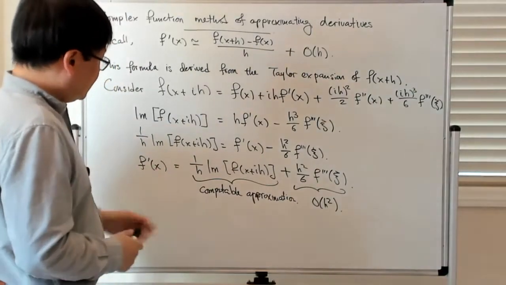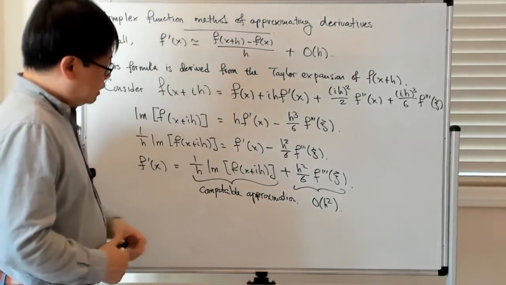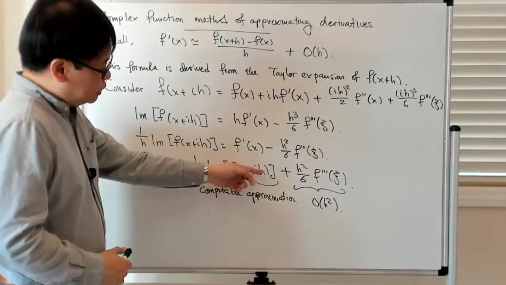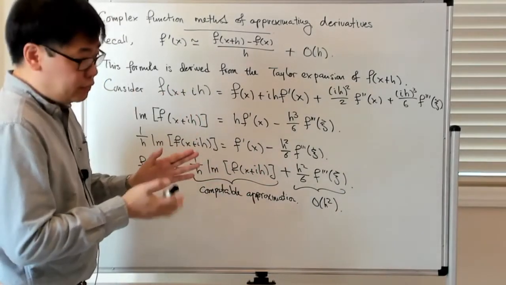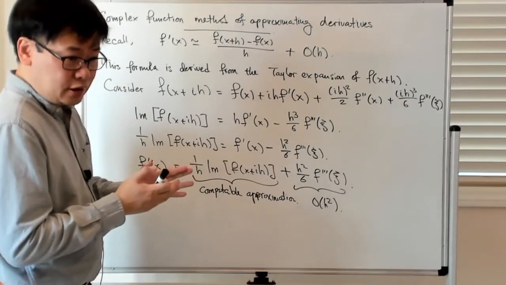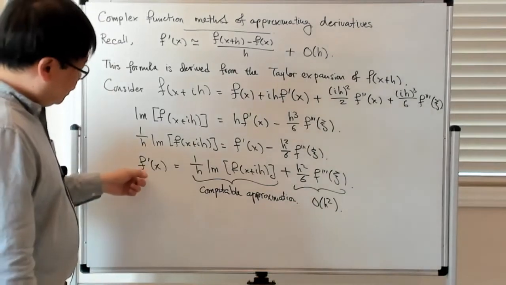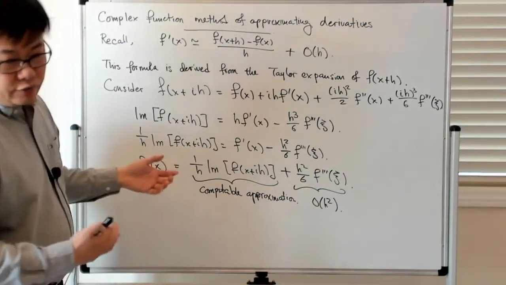And in addition to that, you can extend this to vector valued functions where instead of taking x plus ih, you have to take x plus i h e sub j, where e sub j is the vector which has 1 at the jth component and 0 elsewhere. And then that gives you the derivative of the vector valued function f with respect to the xj-th component, right?